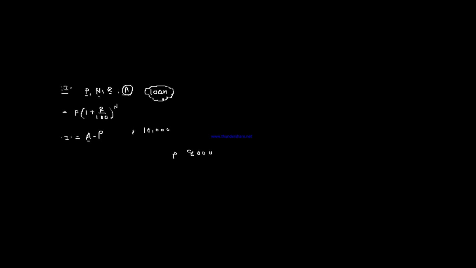How much extra money is the bank charging? The extra money is 2,000 rupees. How did you get this? You did the subtraction of A and P. Similarly, CI, the extra money or compound interest charged by the bank, is equal to A minus P. So these two formulas you have to remember.